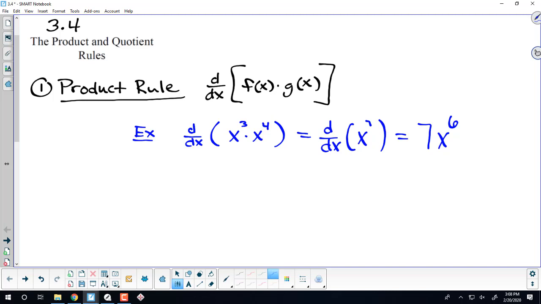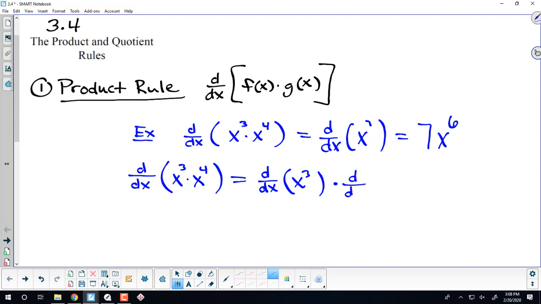So the following step is just going to show, for this particular example or any other for that matter, if I were to say that the derivative of this product is equal to the derivative of x cubed times the derivative of x to the 4th, that should always be the case if that is actually the product rule, right?